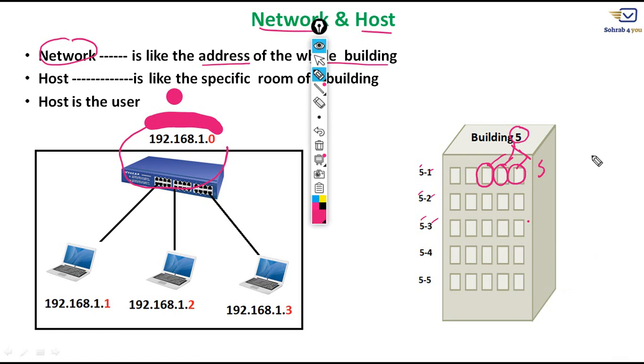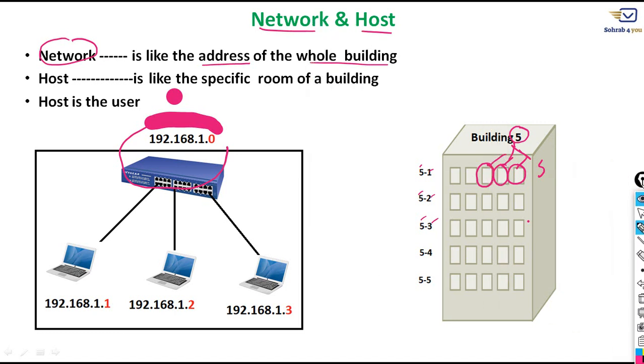So now in here what happened? This network is 192.168.1.0. So now you can say 192.168.1, same. So now this is the building. Now each of them has a different number. This is called the host number.